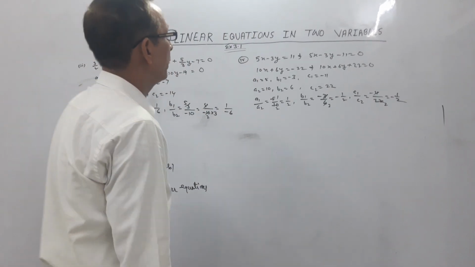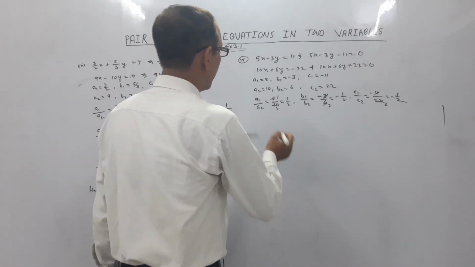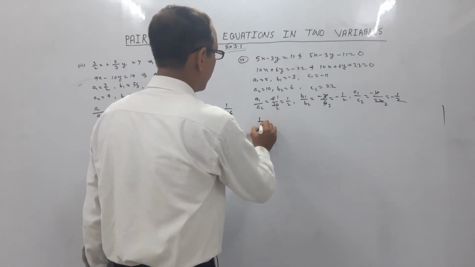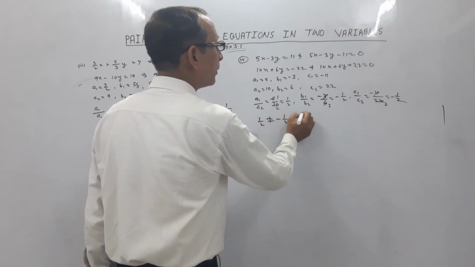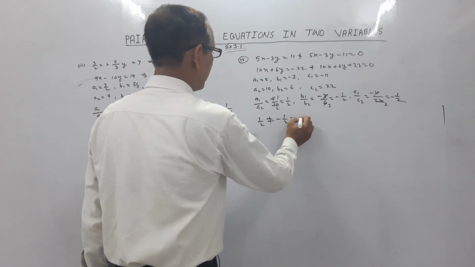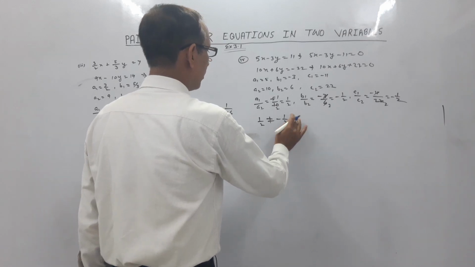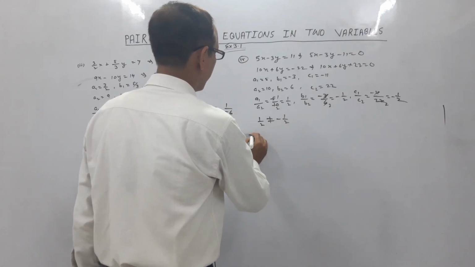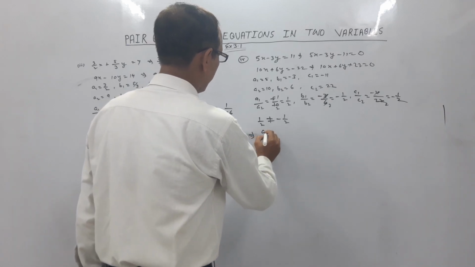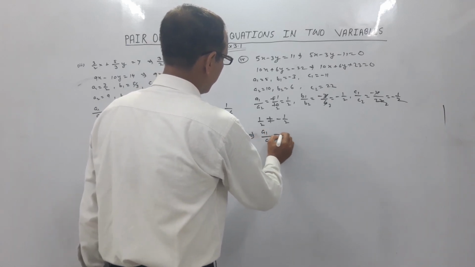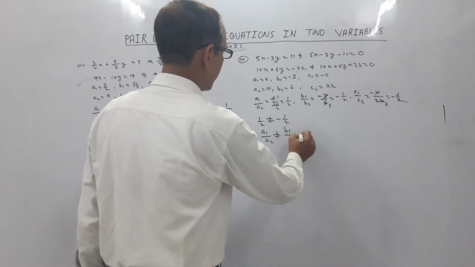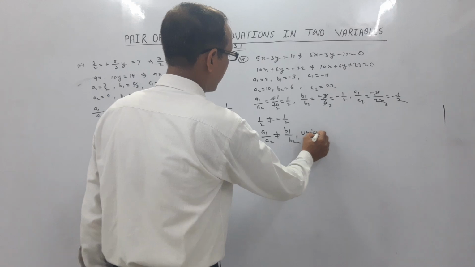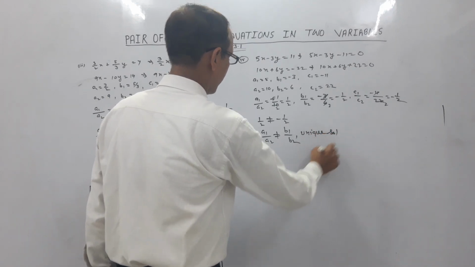Okay, so now when you compare it, you will get 1 by 2 does not equal to minus 1 by 2. So then implies A1 by A2 does not equal to B1 by B2. So this is the example of unique solution.